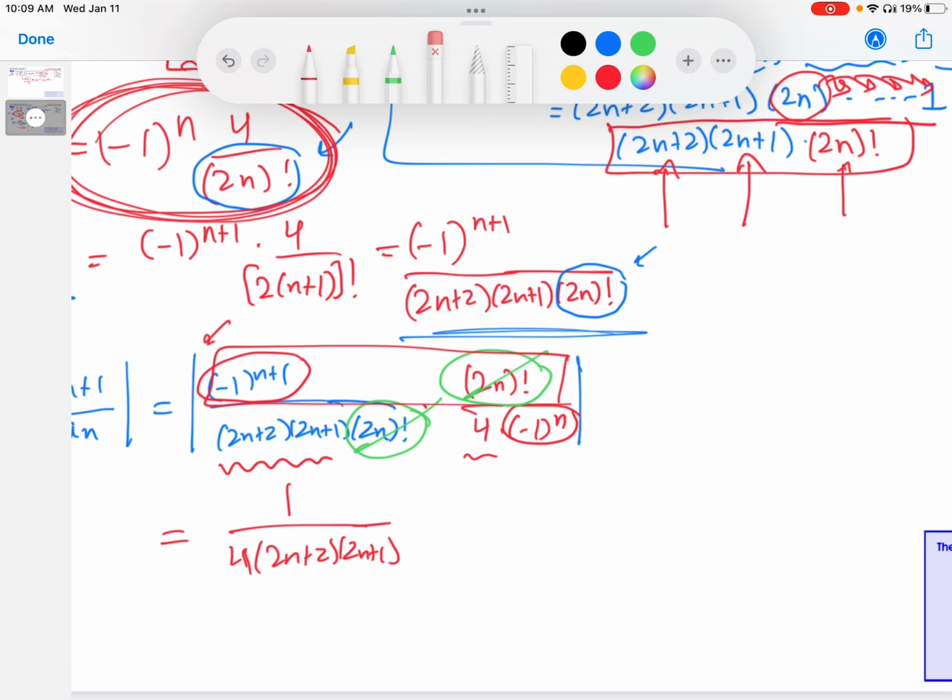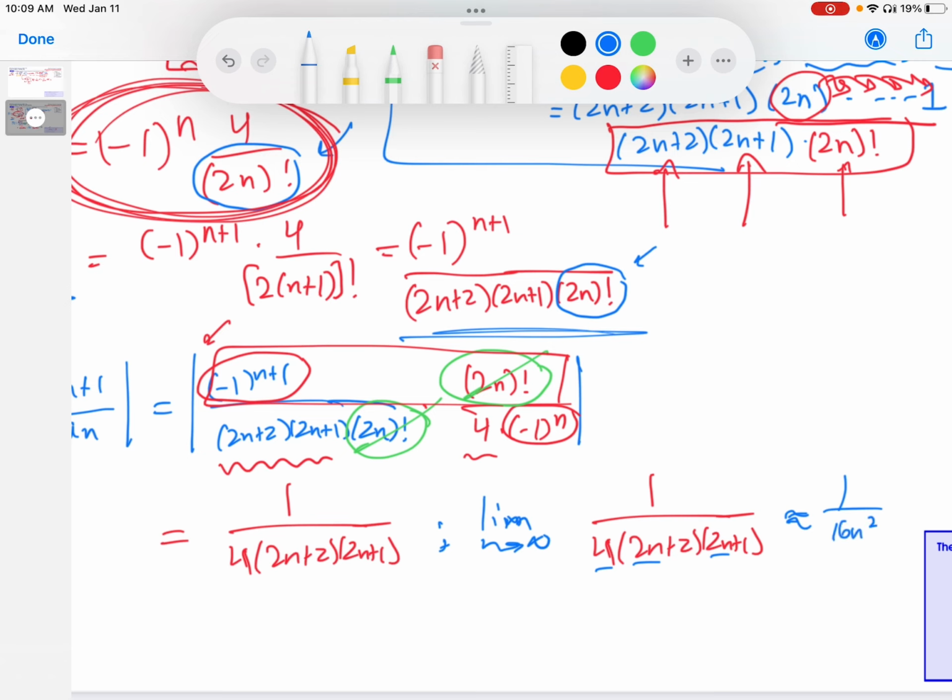Okay, so indeed, we now take the limit as n goes to infinity of this term. So we'll just duplicate it here. There we go. And because it's basically 1 over 2n squared, 2n times 2n, that's 4n squared, times 4, that's 16.